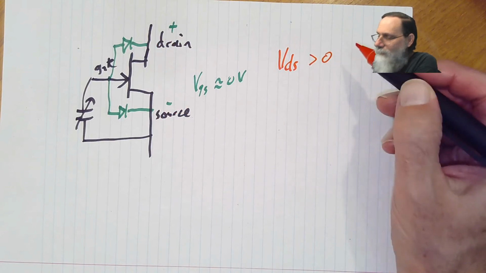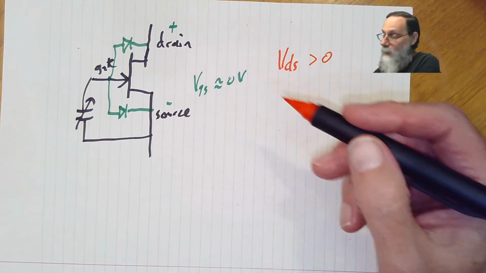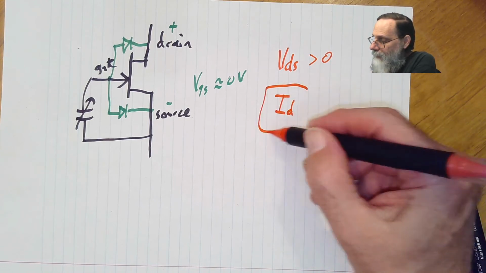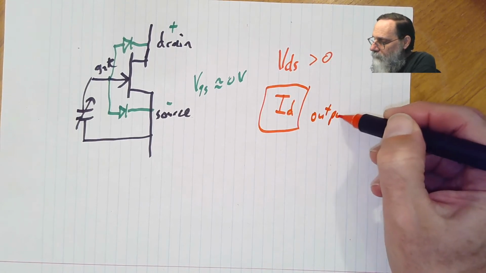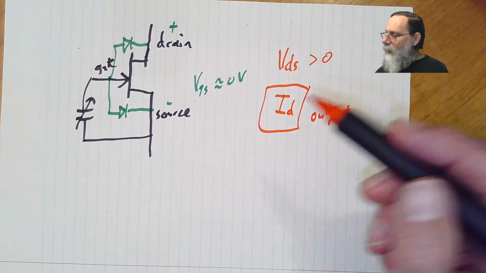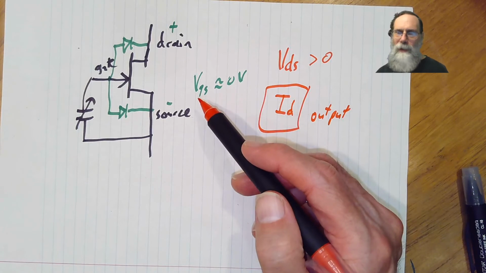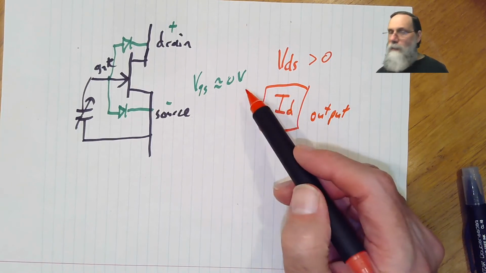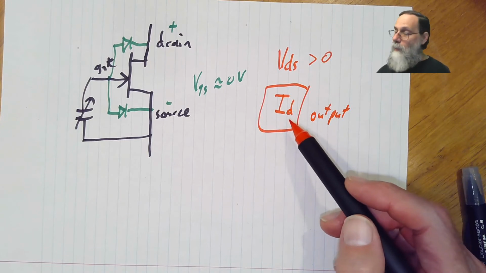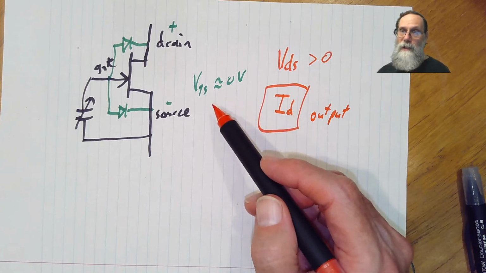And it's got to be bigger than 0 here in order to get any current. And the current through the drain, that is our output. So we're going to make the drain to source voltage roughly constant. We're going to have the gate to source voltage fluctuating just a tiny bit around 0 volts. And we're going to see change in the current as a result of these tiny changes in voltage.